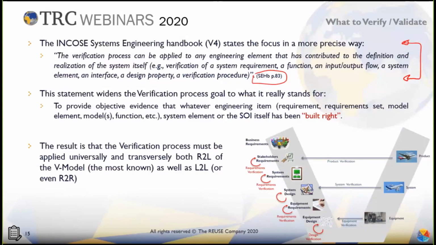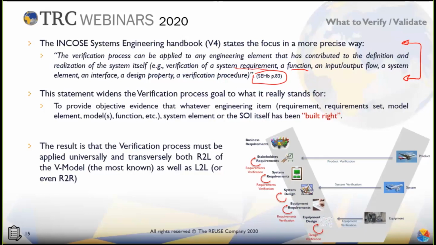The handbook says that you can do verification to a requirement, a function, an input and output, a flow, a system element, a manual, a procedure, an Excel sheet, whatever you need, with the definition that we just gave.